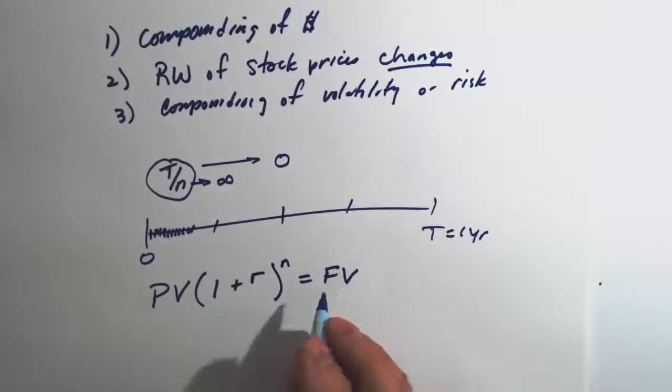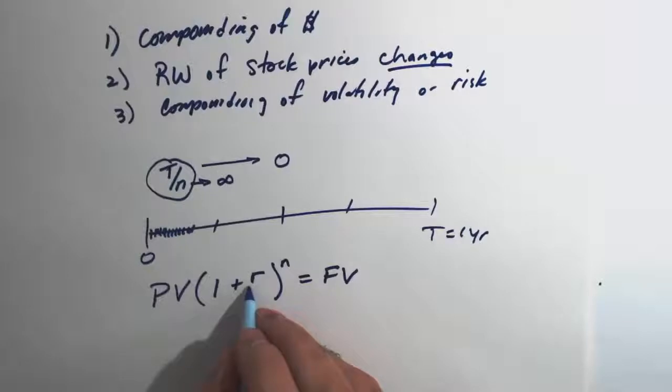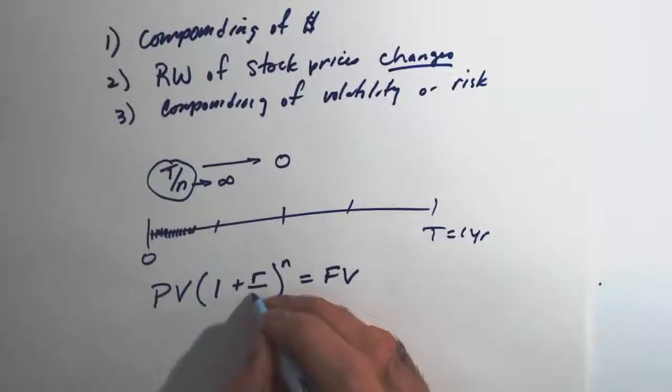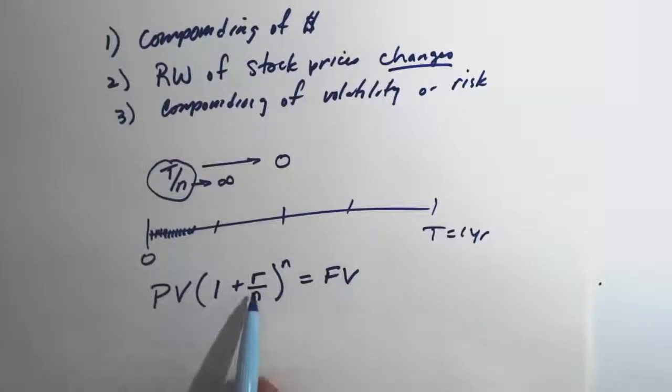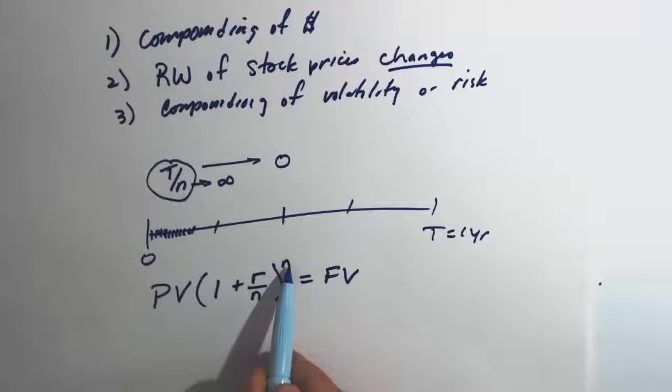Now, in that course, we often assumed that n was 1. So what we did was chop the interest rate into smaller pieces and compound it out.